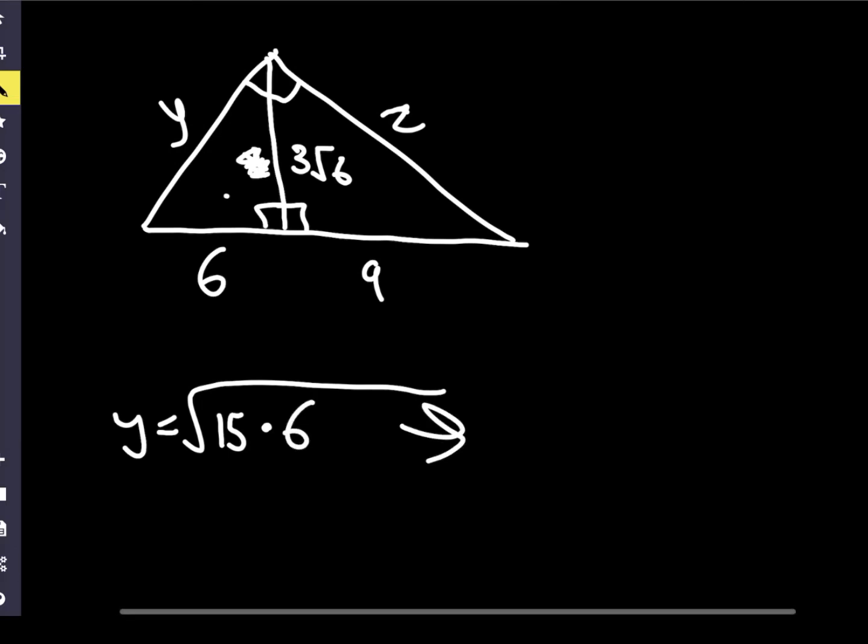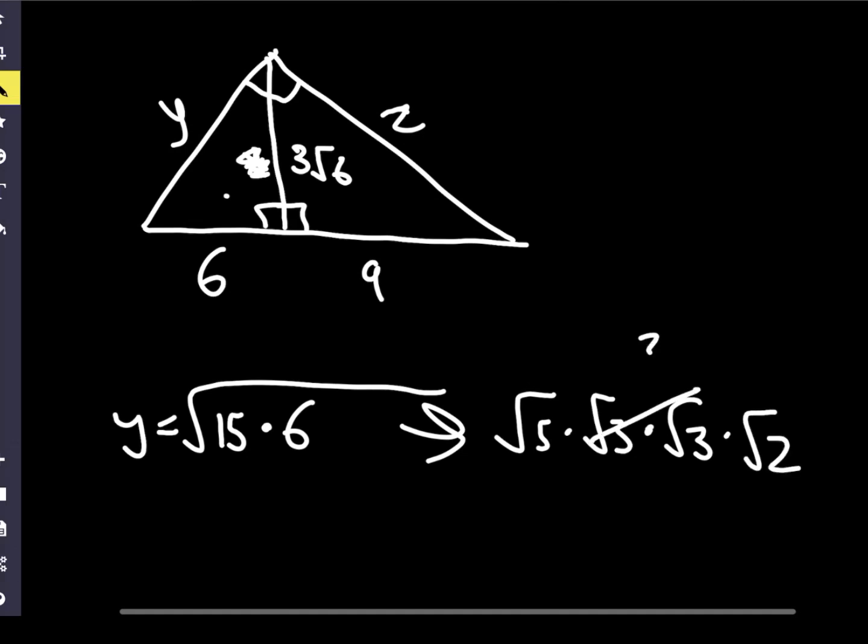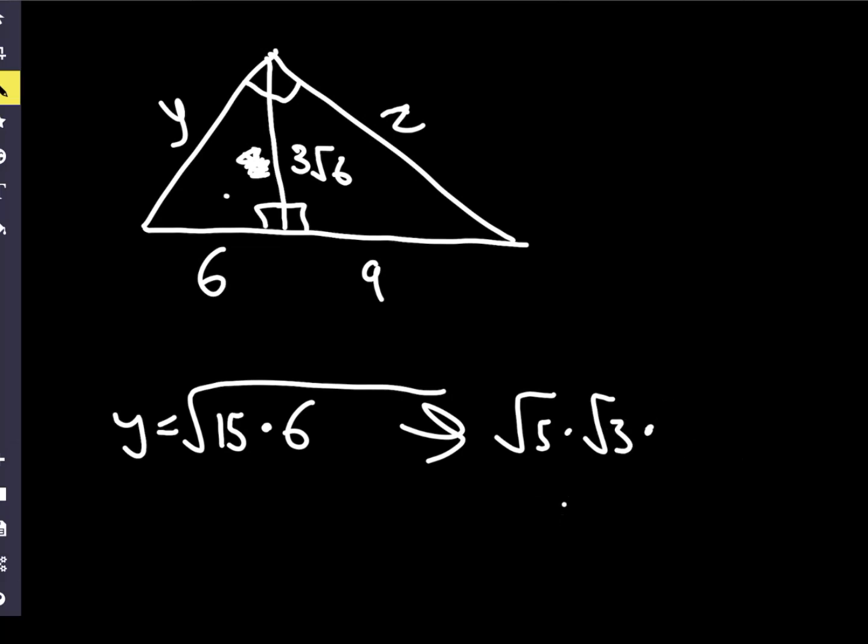Let's simplify this first. 15 can be broken up to radical 5 times radical 3. 6 can be broken up to radical 3 times radical 2. This will make a 3, so this is just going to be 3 radical 10. Okay, so Y is equal to 3 radical 10.